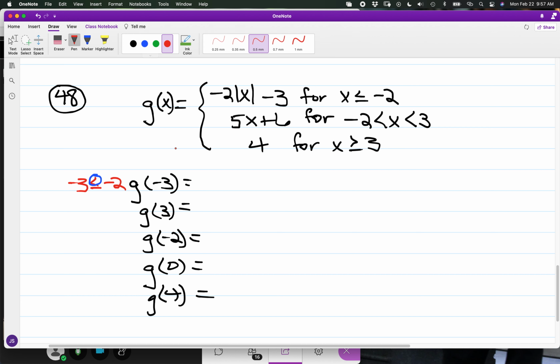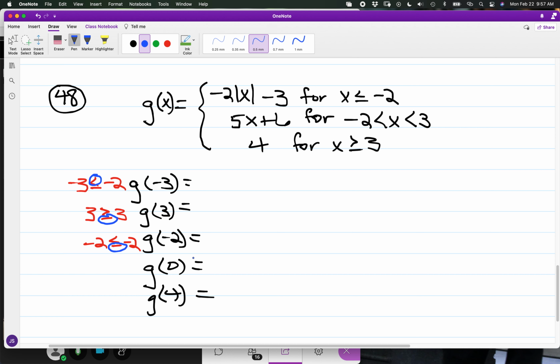And we have next, for g of 3, now 3 is not greater than itself, but it is equal to 3. So you have 3 greater than or equal to 3. And for g of -2, now -2 is not less than itself, but it is equal to itself. So we're going to apply the set of values x such that x is less than or equal to -2.